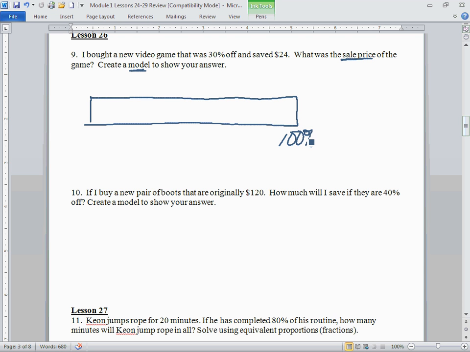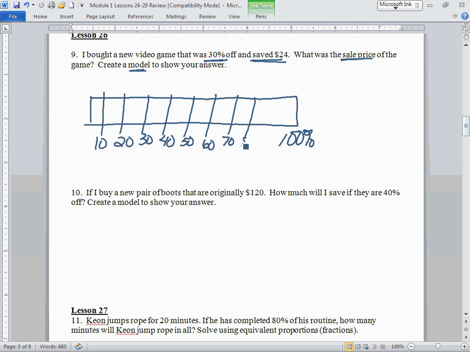Now I saved $24. If I saved $24, is that my original price? Is that my whole? No, that's not my whole. So what I'm going to have to do is use my 30% to divide the bottom. 10, 20, 30, 40, 50, 60, 70, 80, 90.